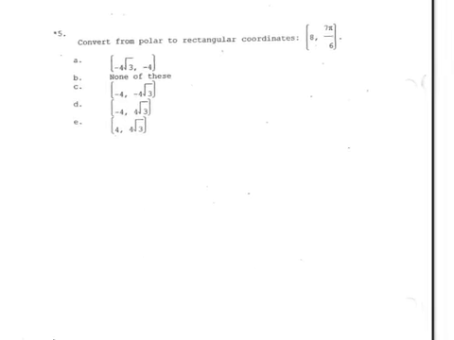Moving on down to number 5. Convert from polar to rectangular coordinates. So we need to use 2 equations to help us convert, and that is x equals r cosine theta and y equals r sine theta.